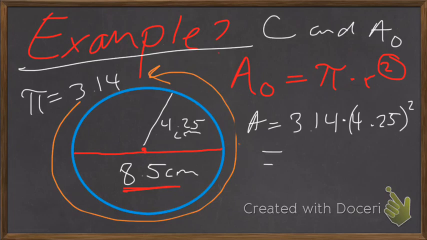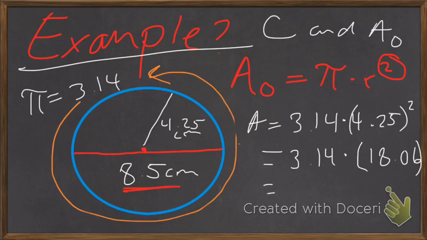So now we can put that into our calculator. But I'm going to do it in 2 steps to show you that I have to do the squaring first. So it's 3.14 times whatever 4.25 squared is. I think that's going to be close to 20, maybe a bit less. 4.25 times 4.25 is 18.06.